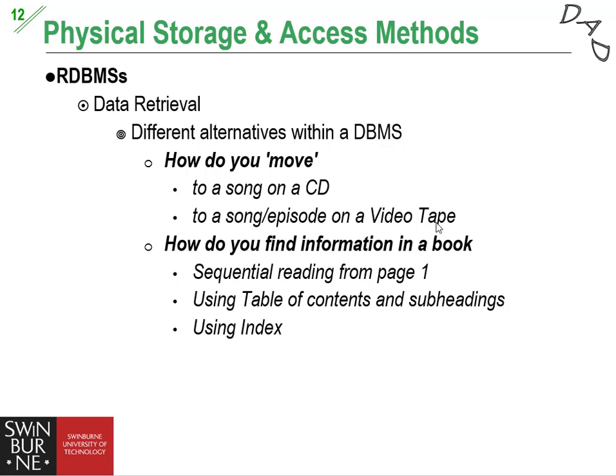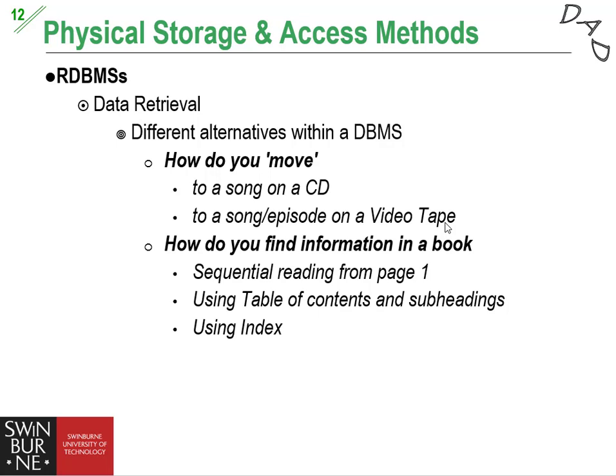How about the videotape? How are you going to find a specific episode or a song in a videotape? Definitely you can't type the track number or the position number. You need to rewind it, you need to fast forward it until you find the specific position of what you are seeking.